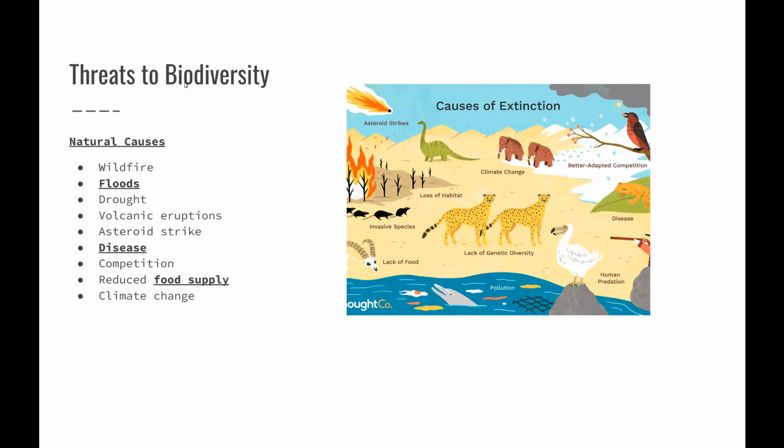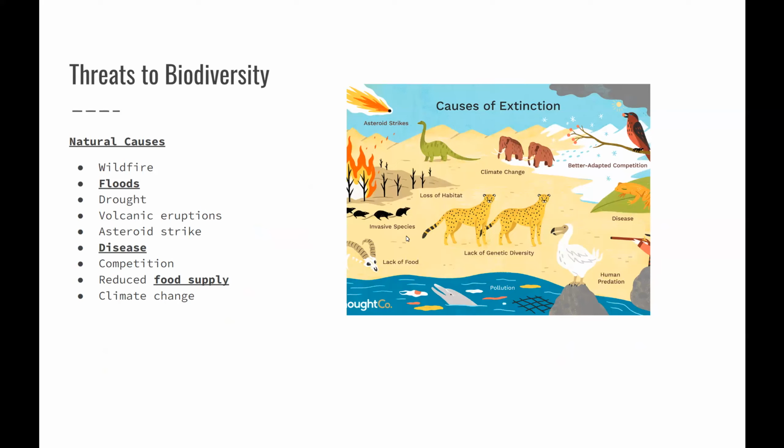So there are some natural threats to biodiversity, things such as wildfire, floods, drought, volcanic eruptions, asteroid strikes, disease, competition, reduced food supply, and climate change. Those things can cause extinction or can greatly reduce a population.